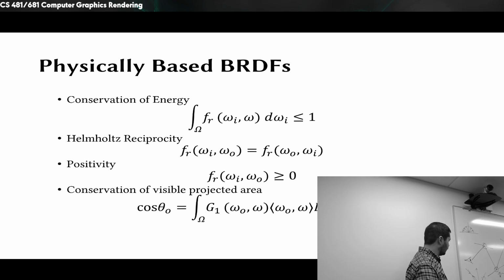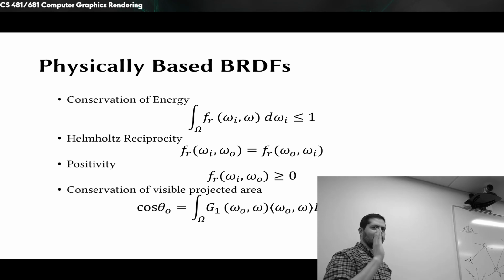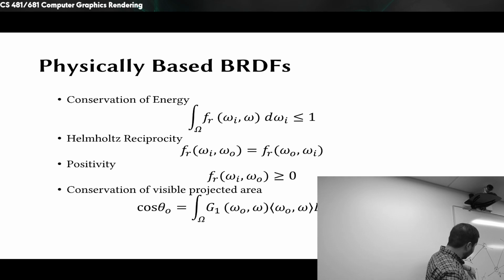Think about how weird it would be if you looked in a mirror and from one angle it reflected light that way, and then you stood at the other side and it bounced back. That would be a strange mirror. So Helmholtz reciprocity means if you swap the angles, the function should be the same, which makes sense. Or it would be like shining blue light here and getting red light out, or some other strange phenomenon. The stuff gets preserved. All right, so you have reciprocity.